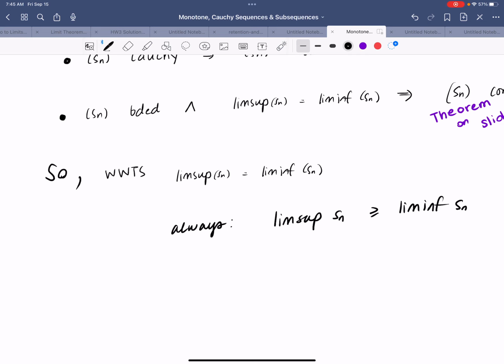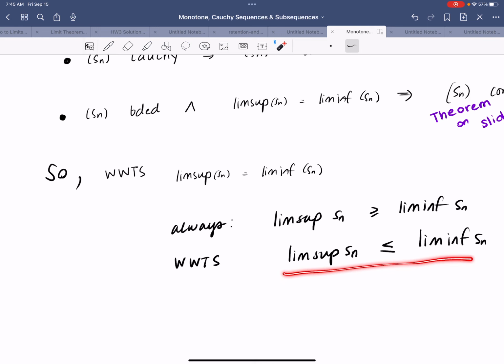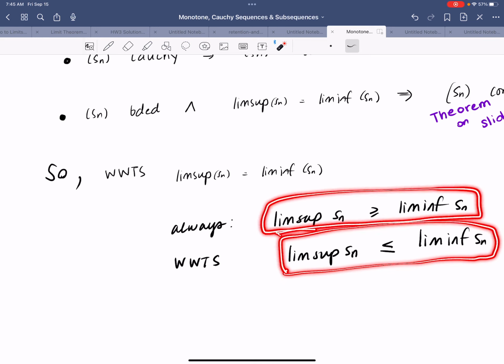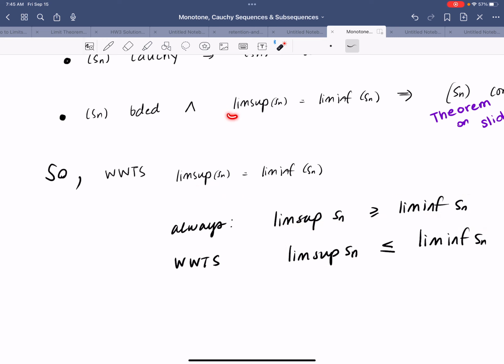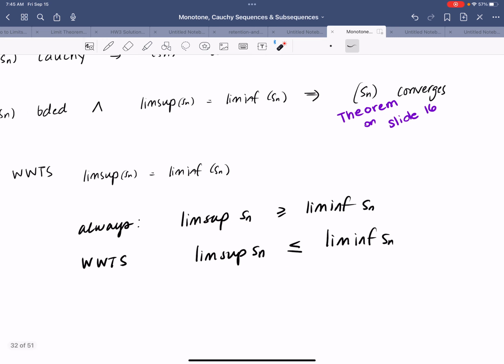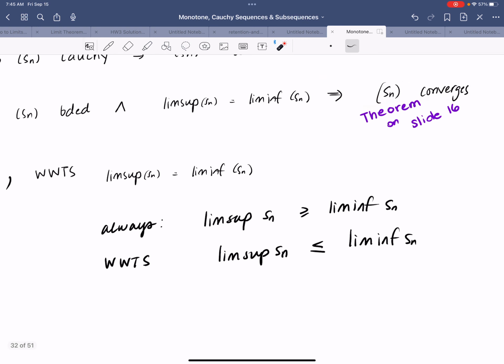So we just need to show that lim sup is less than or equal to lim inf. Because if we can prove that lim sup is less than or equal to lim inf, and we already know that lim sup is greater than or equal to lim inf, that will allow us to conclude that lim sup is equal to lim inf. And once we know that, we'll say, oh, lim sup is equal to lim inf, and our sequence is bounded, therefore our sequence converges, okay?